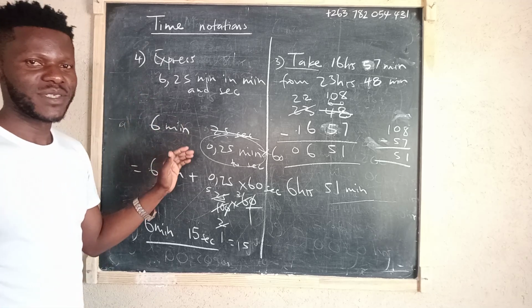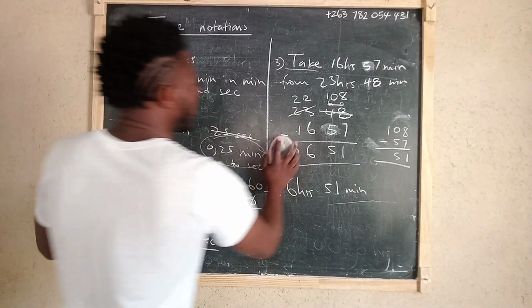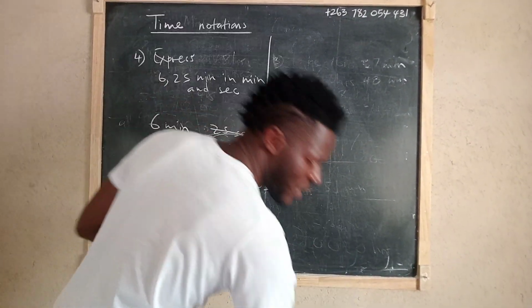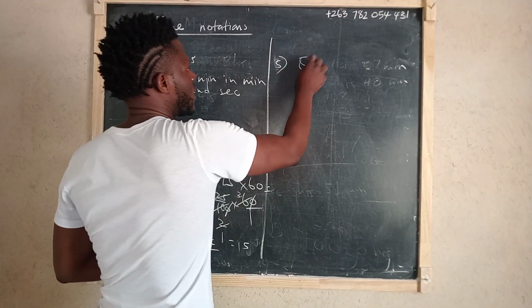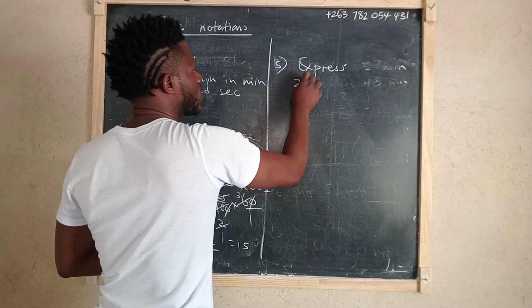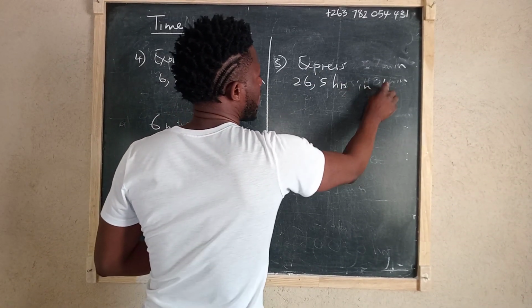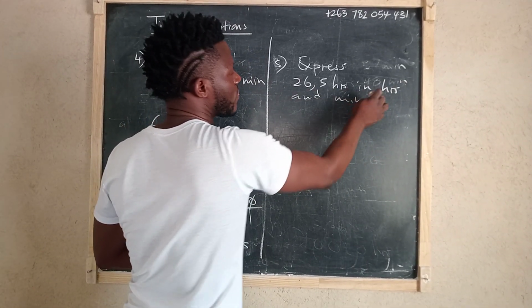So do not make a mistake, don't be a victim of this type of question. Let me add just one more example like that. It's a bit confusing question to many candidates. Let's say the question is saying express 26.5 hours in hours and minutes.